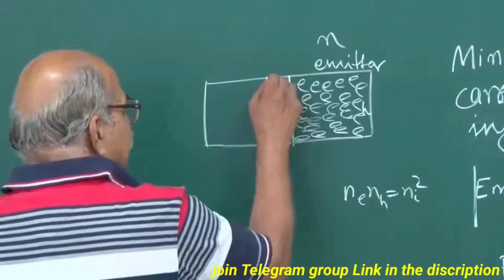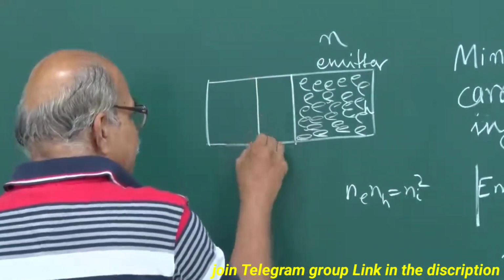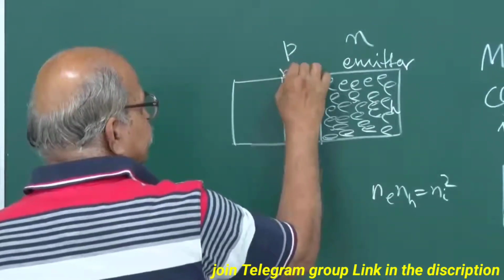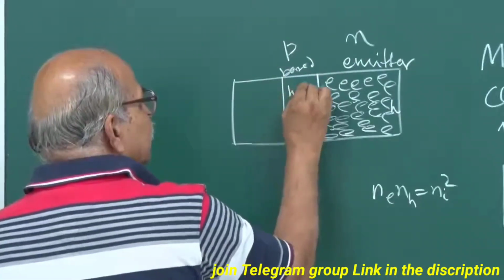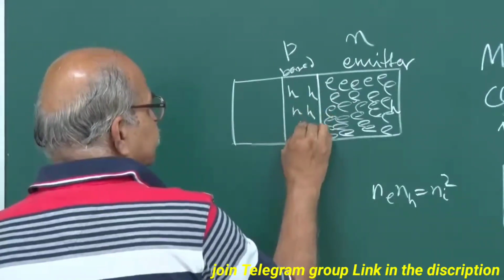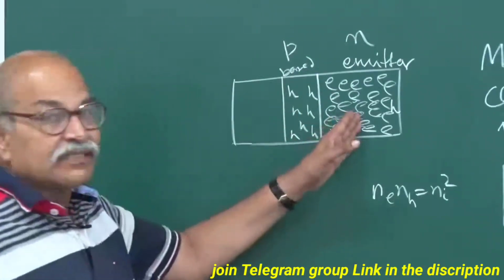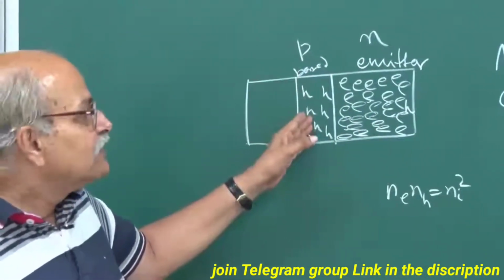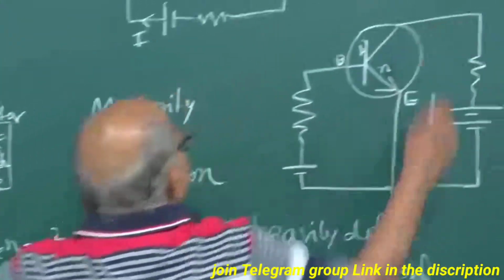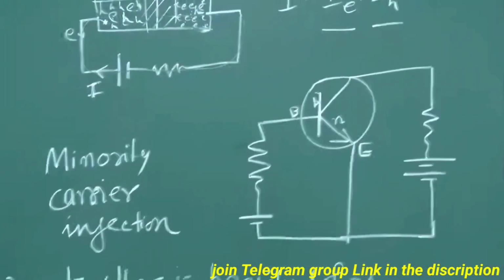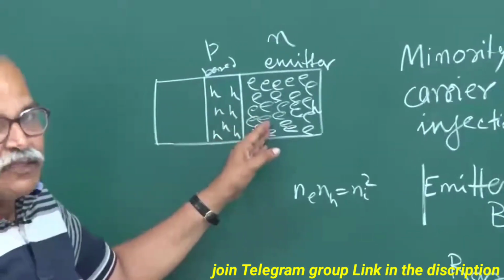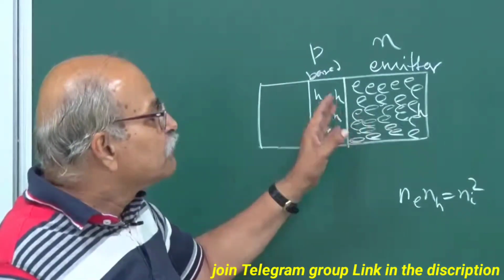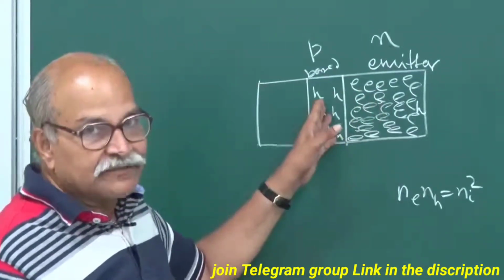And on this P side, on this base side, it's not this big. So this is that base which is P type. It is lightly doped. That means even the majority carriers don't have large density as compared to this. In P type, these holes are the majority carriers, but it's lightly doped. And therefore, in this IE and IH, it will be dominated by the electrons, and this current which is there will be primarily because of this electron injection here.